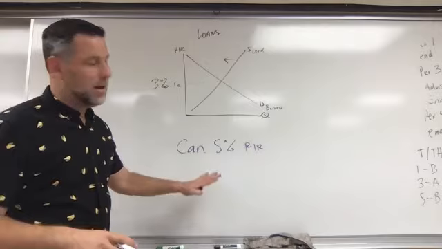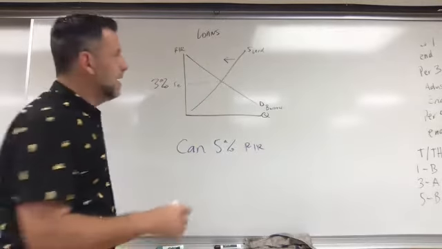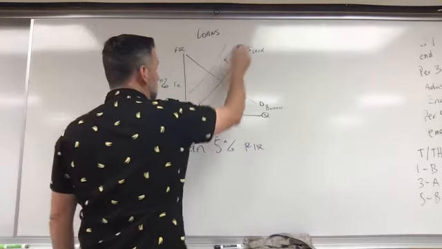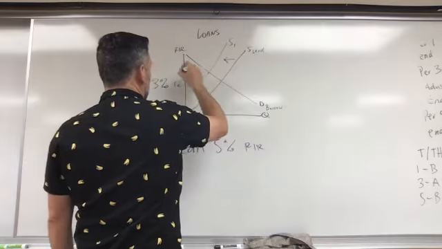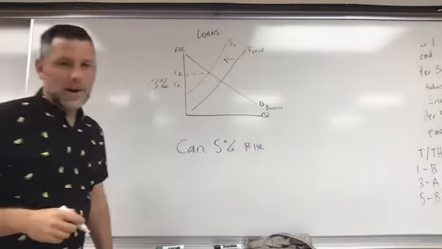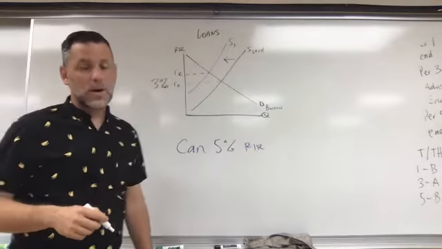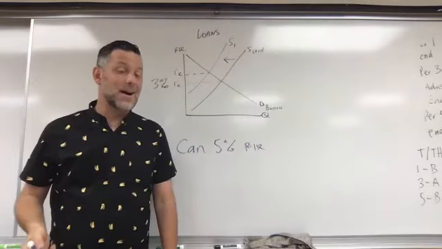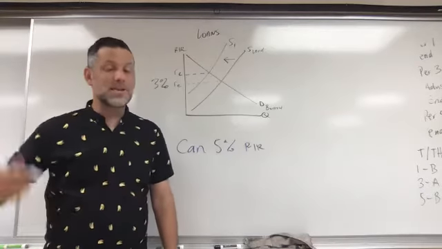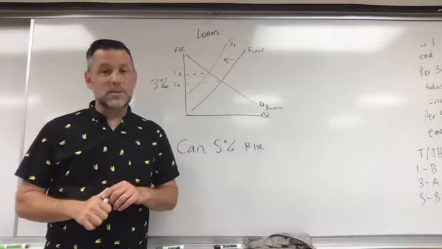But we're not looking at the Canadian market, we're looking at the American market. So supply would go down, which causes my real interest rate to go up. Notice that in Canada, I said that their supply would increase, causing their real interest rate to fall.